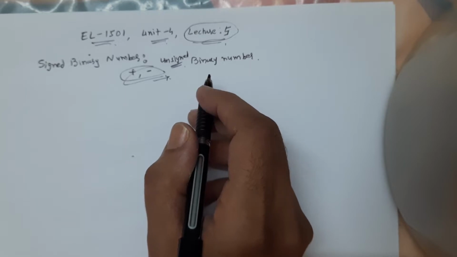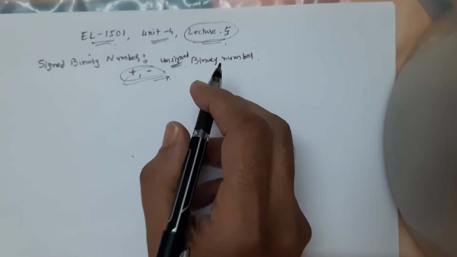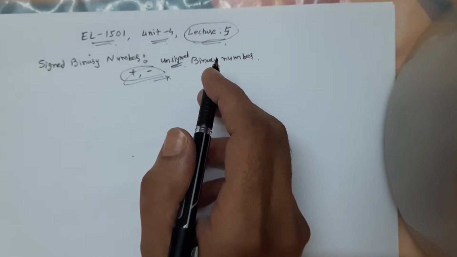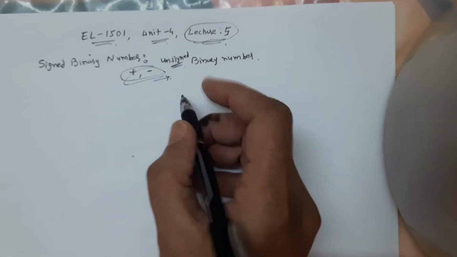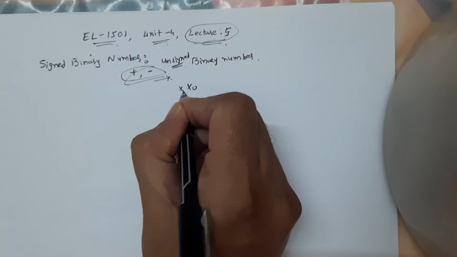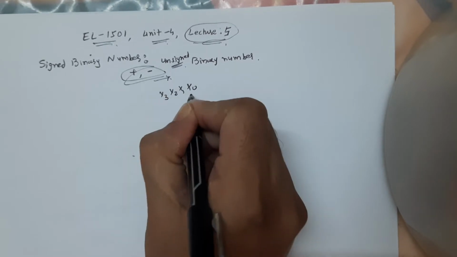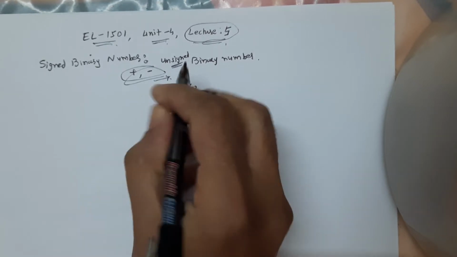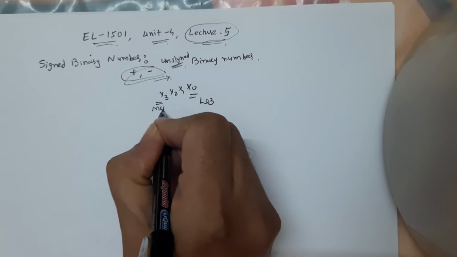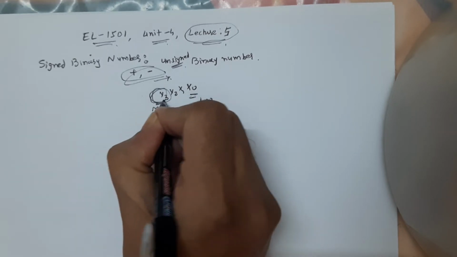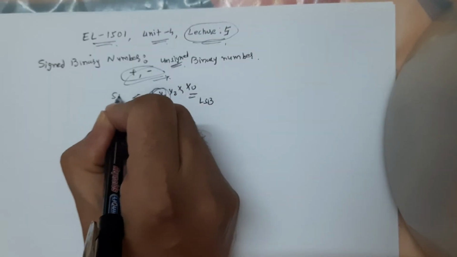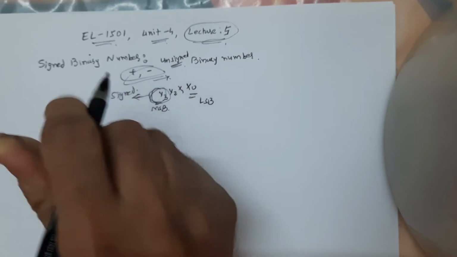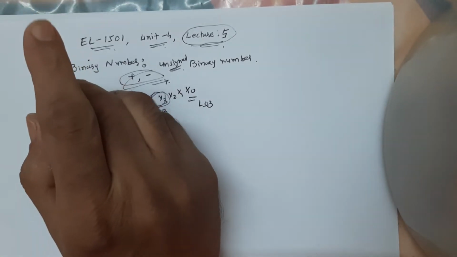In case of signed binary number system, the most significant bit represents the sign of the number. That means if this is your x0, x1, x2, x3, this is LSB, this is MSB. This shows the sign, right?